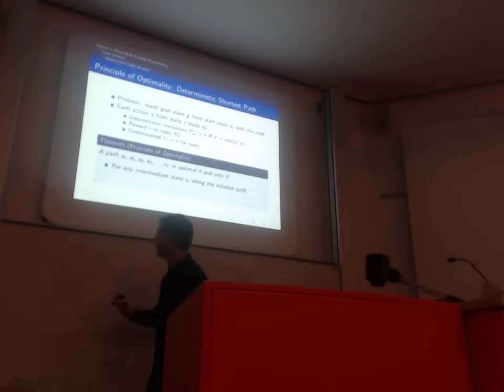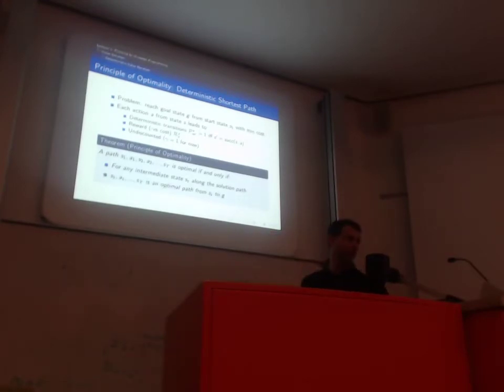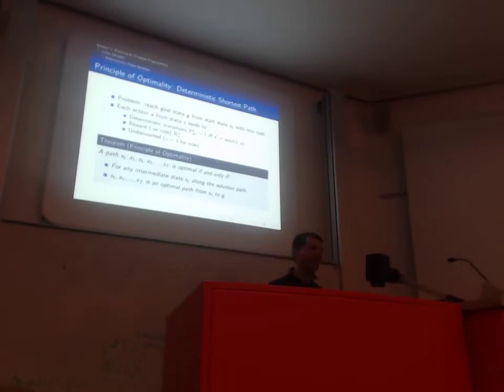The basic idea of the principle of optimality is that this path is only optimal if for any state ST that we pick along here, this subpath here is also optimal. Because if this wasn't optimal, then there must be some other path which is optimal, and so this whole path can't be optimal because there'd be a better path to take. Okay? Fairly natural idea. That's the principle of optimality.